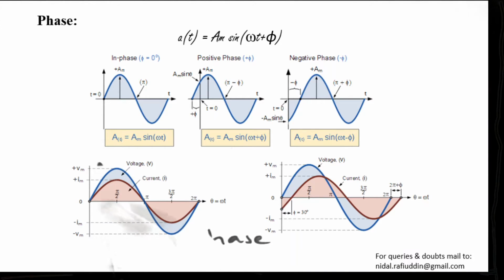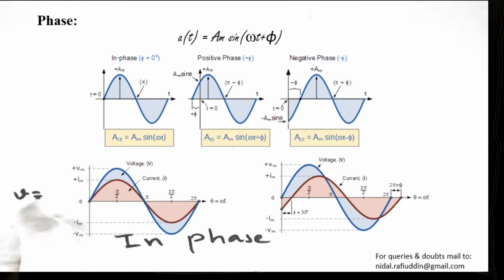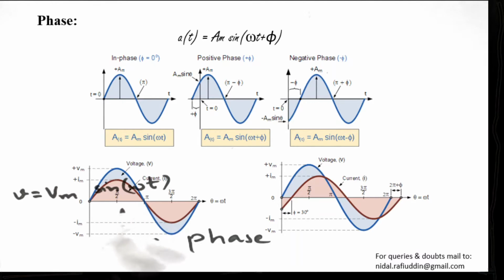In the first case, we have v, let us assume this is Vm, so it's already given there. So we have the maximum value Vm sine omega t. If this is the expression for the voltage waveform for the blue curve, then the current waveform would be written as Im sine omega t for the red waveform.